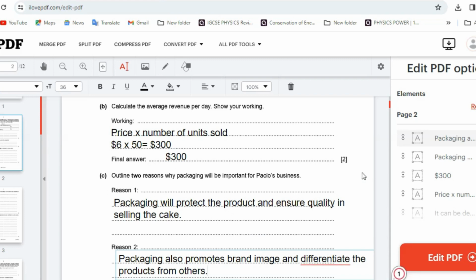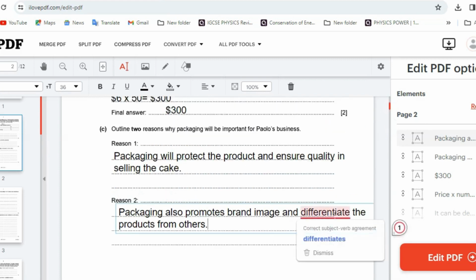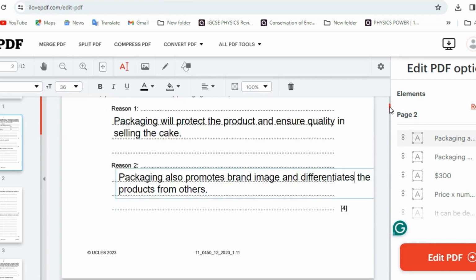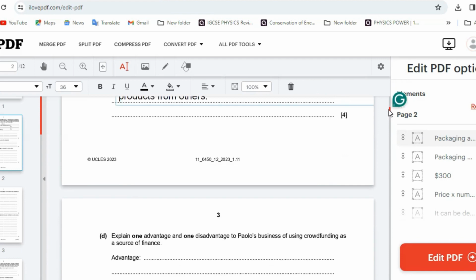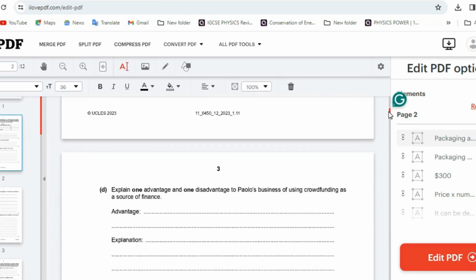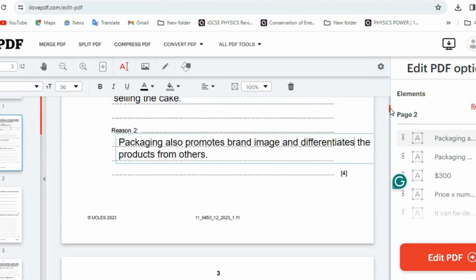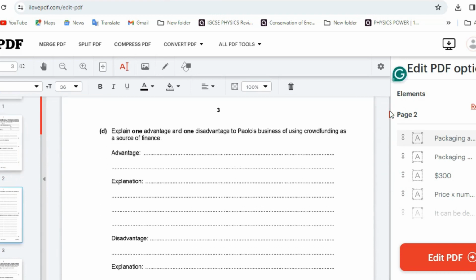Those are the two reasons that we were told to outline. Of course, it can also add value or allow higher prices than the $6, and it can be used to advertise, to attract customers so as to increase the sales. Now let us move to the next question here.